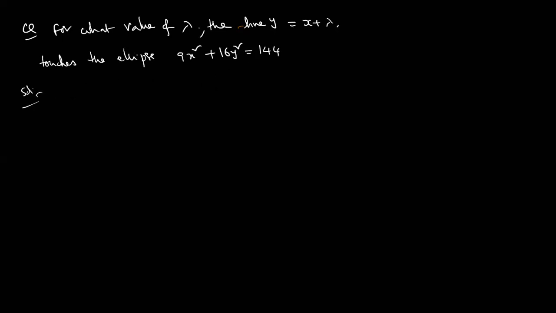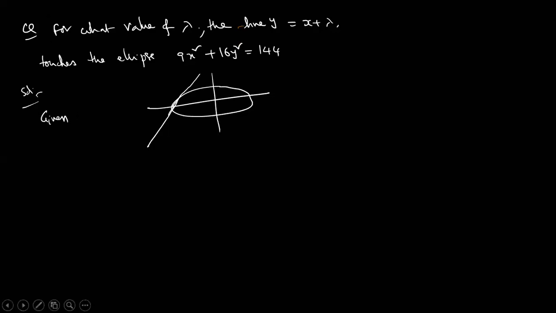Anyone? So the line touches the ellipse. First of all, what is the equation of the ellipse? Dividing with 144, x square by 16 plus y square by 9 is equal to 1.